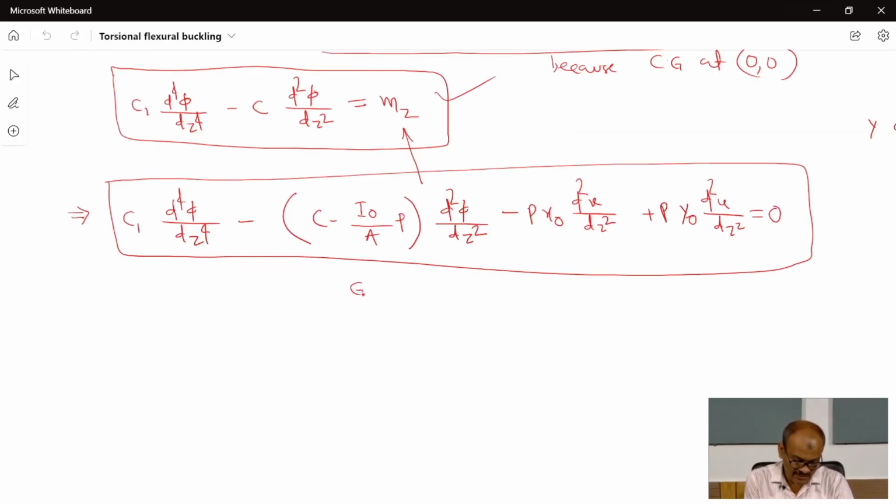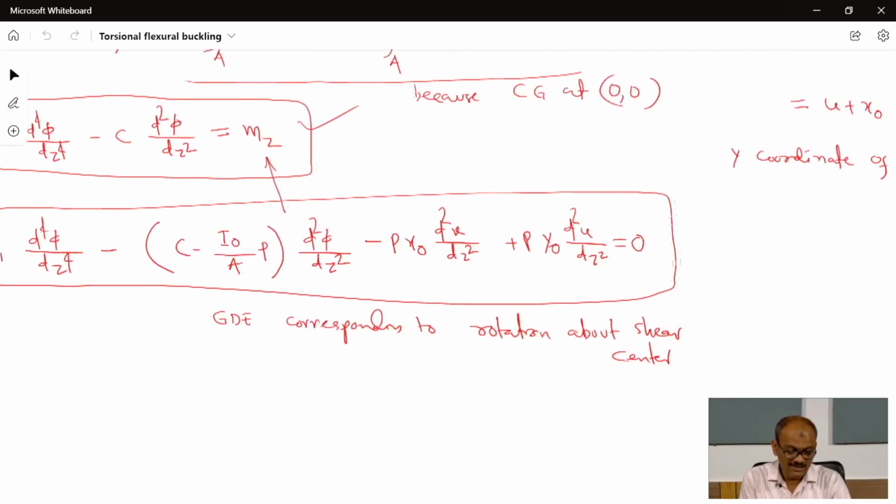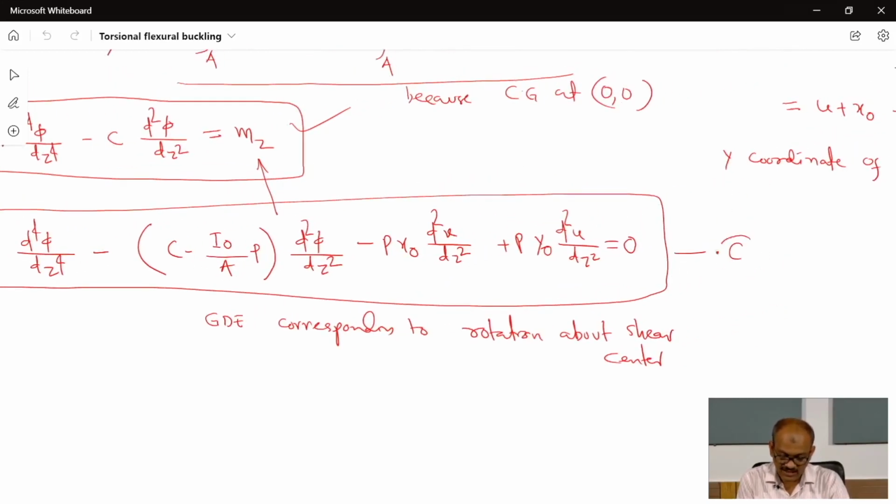So, this is the governing differential equation corresponding to rotation about the shear center.